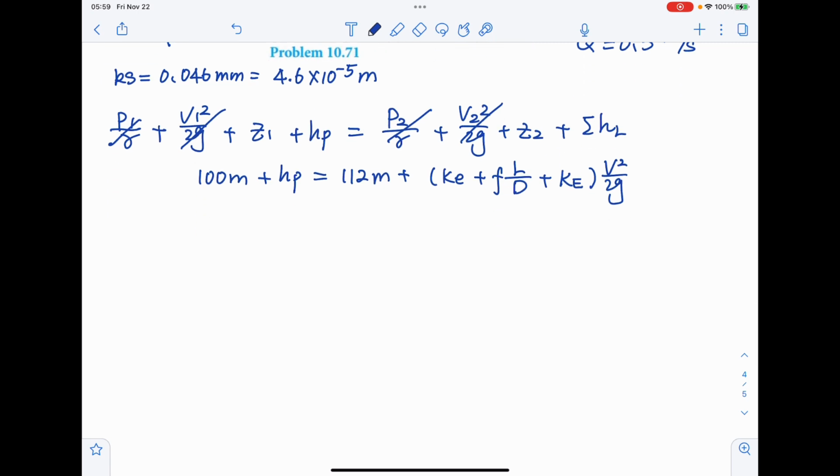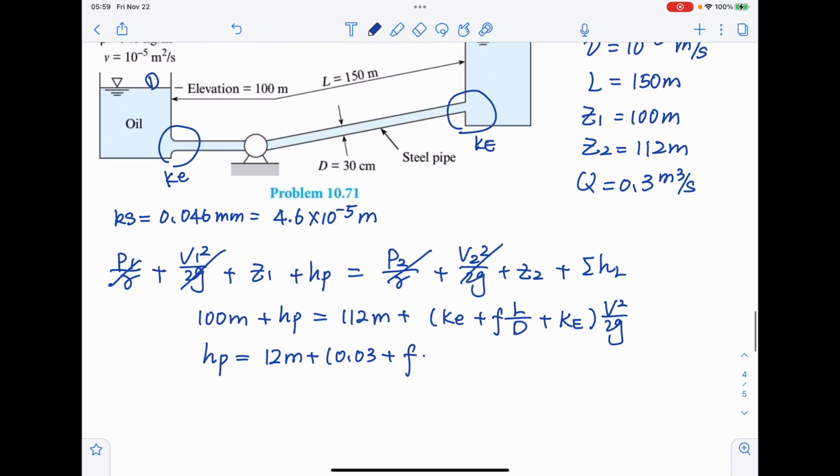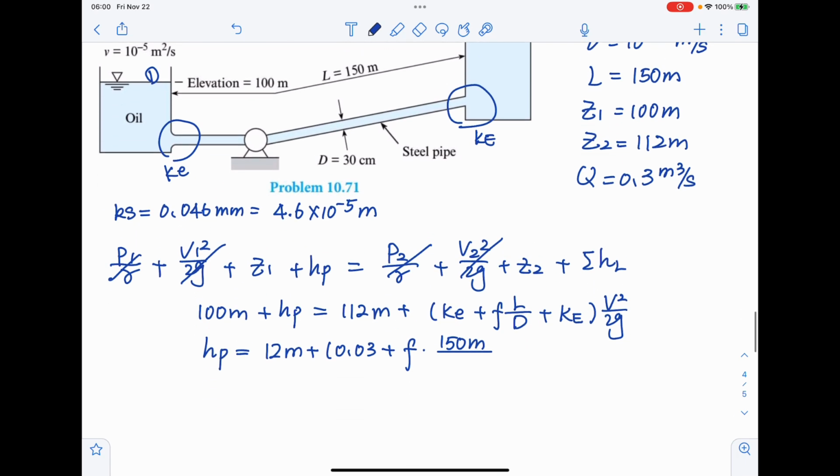So if we move the terms here, the pump head should equal 12 meters plus 0.03 plus F times L, which is 150 meters, and the diameter is 30 centimeters, so 0.3 meter.